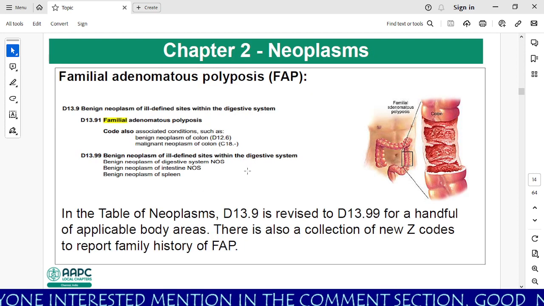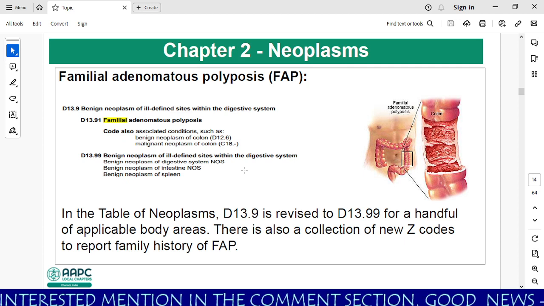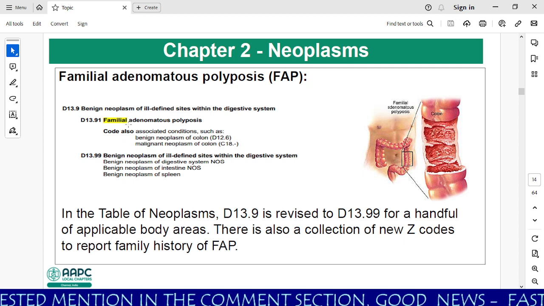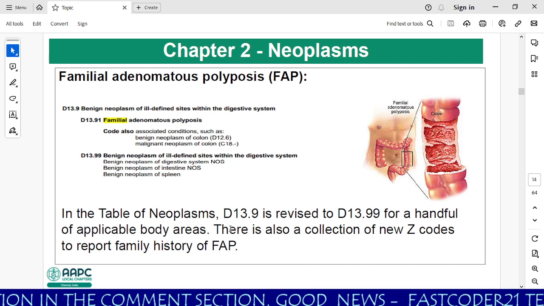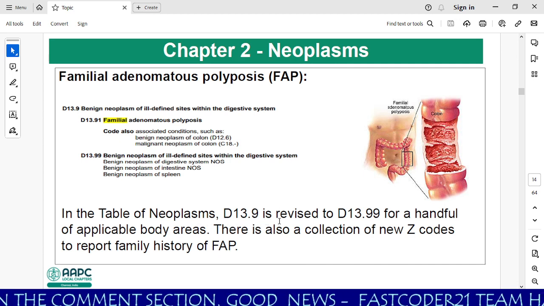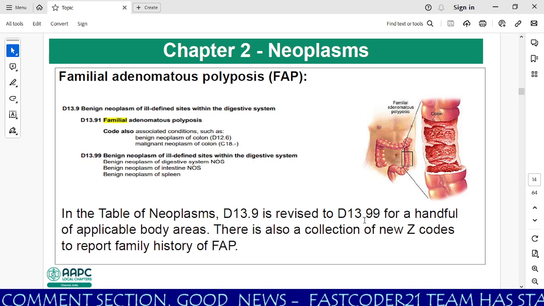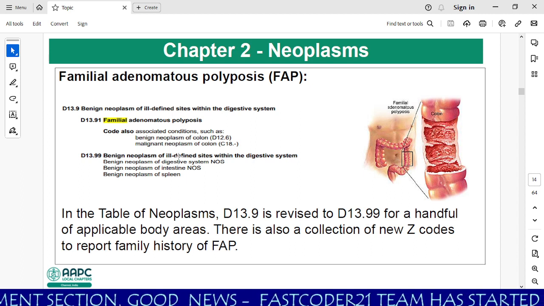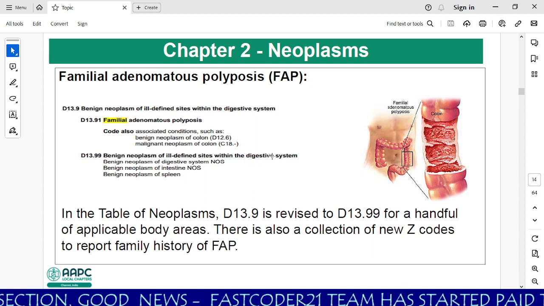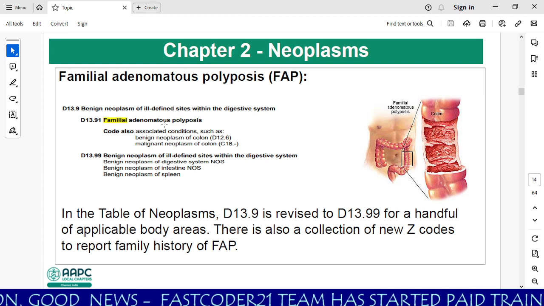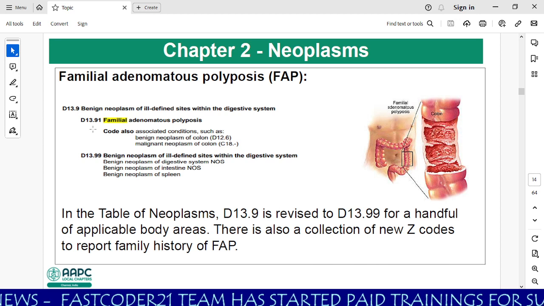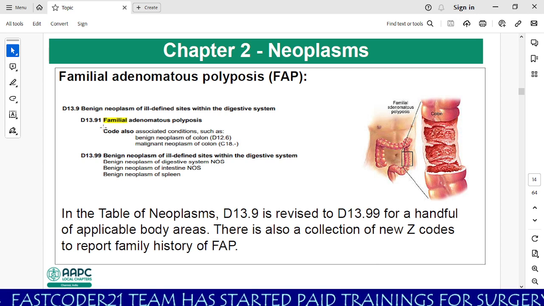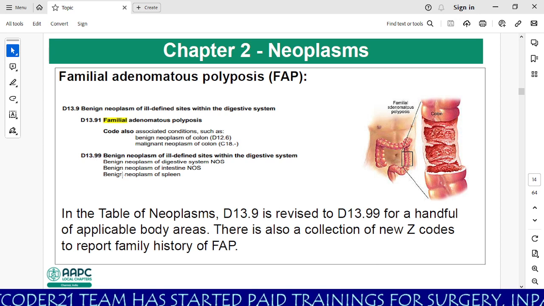Next are the chapter 2 neoplasm code changes. Here they have added the term familial adenomatous polyposis in the table of neoplasms. D13.9 is revised to D13.99, for benign neoplasm of ill-defined sites within the digestive system and familial adenomatous polyposis. So D13.9 is the category, and D13.99 and D13.91 are the subcategories.